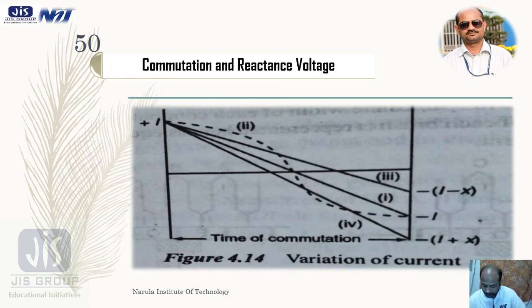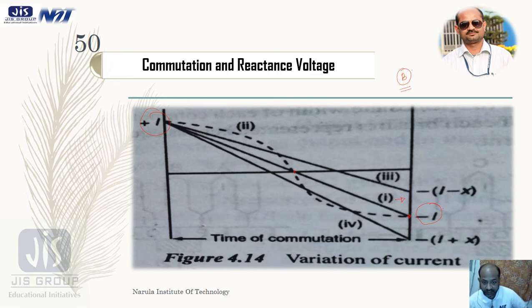So this is curve number 1. Coil B was undergoing the commutation process, and the current flowing through coil B before commutation has reversed after commutation, and it has attained the rated value from plus I to minus I in the reverse direction.